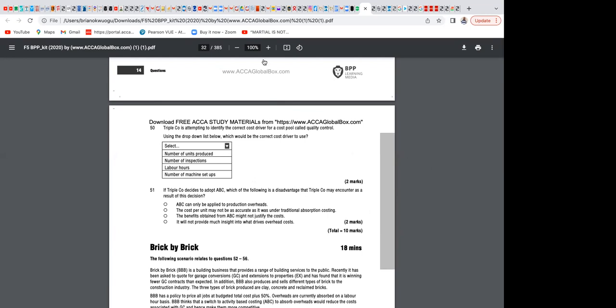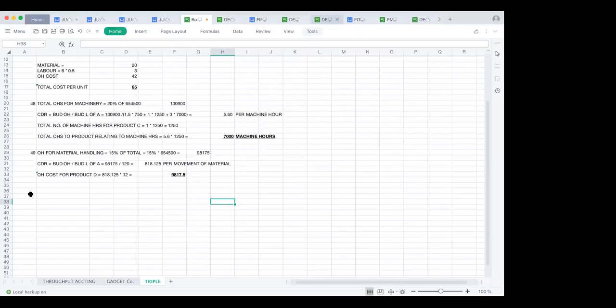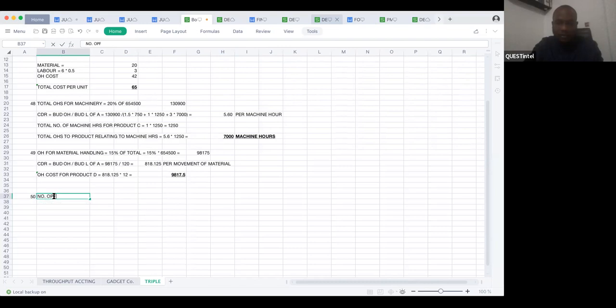Number of inspections, obviously. So the number of inspections would help to improve or at least inspect, control.